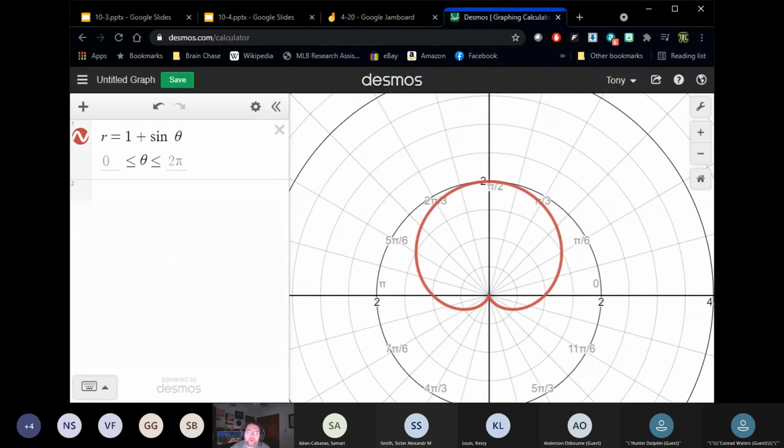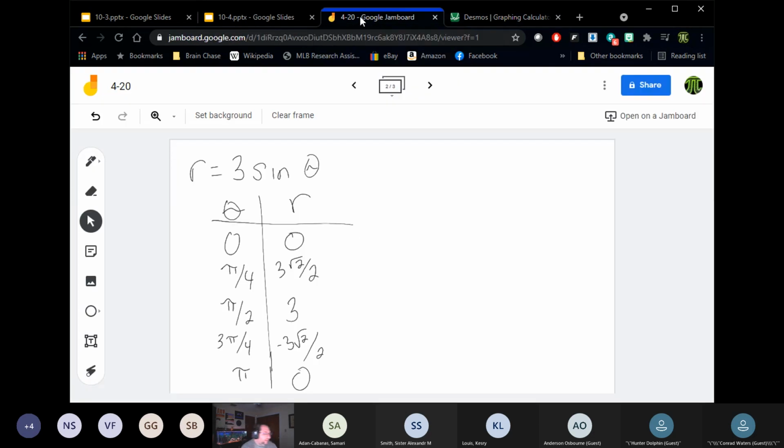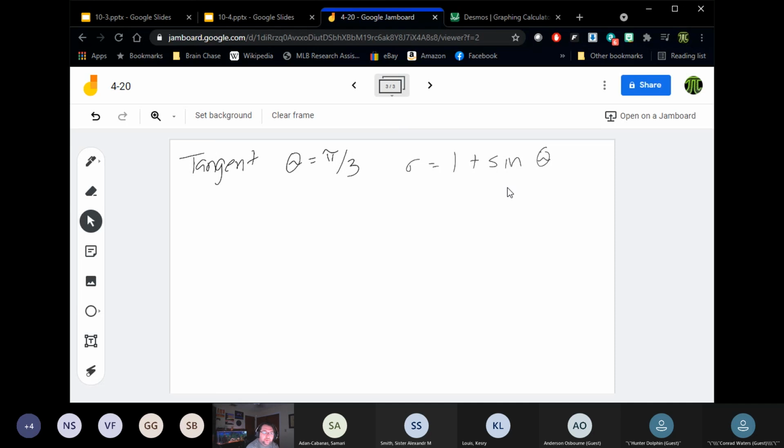If we want to find our tangent, the first one we're going to look for is the tangent when theta is pi over 3, and my r is 1 plus sine theta. All right, so that's what we're looking for.